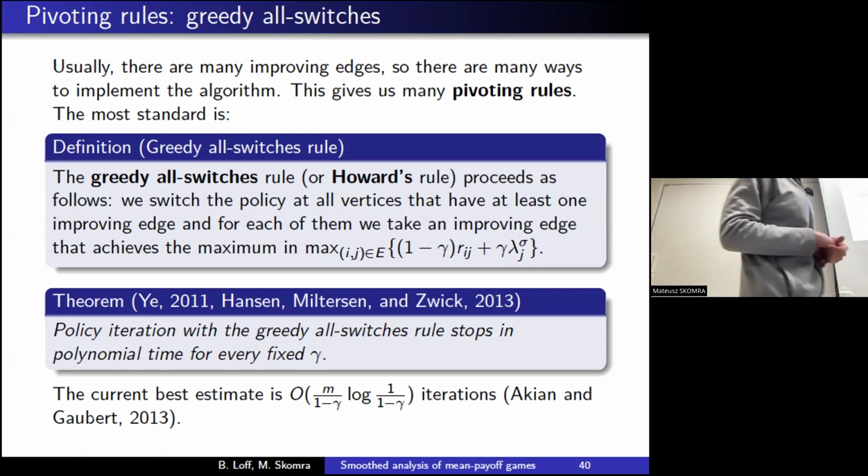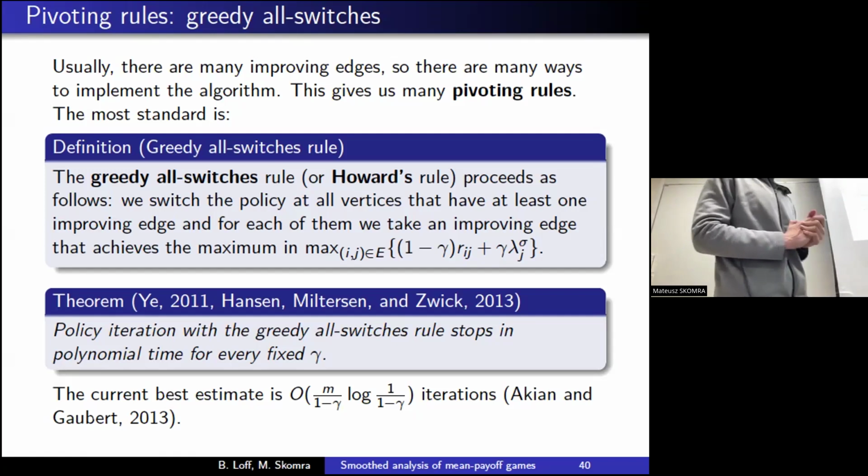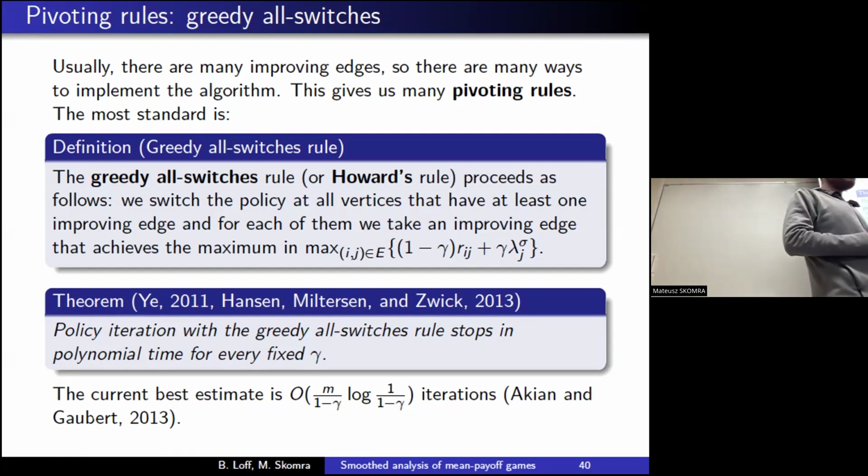And there is a theorem that policy iteration with this rule has the property that if you fix the discount factor, then the number of iterations is polynomial. The best bound that we have is this quantity.